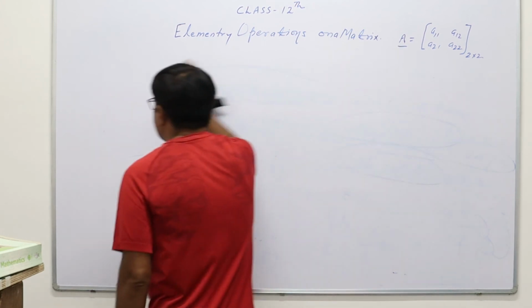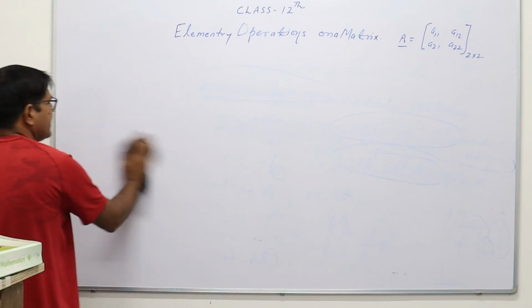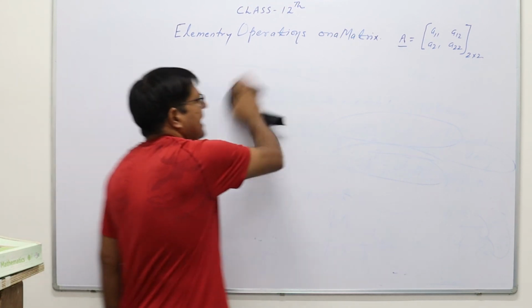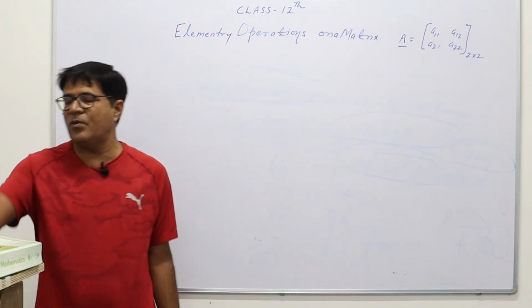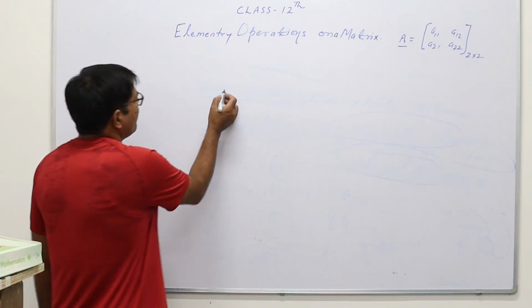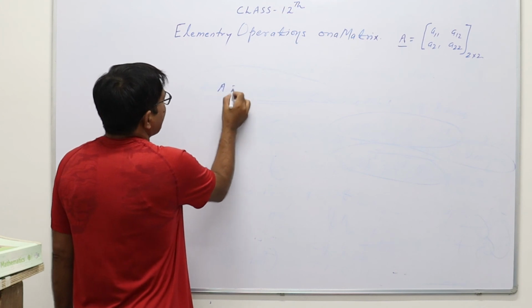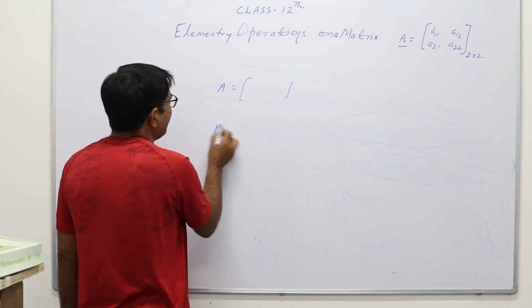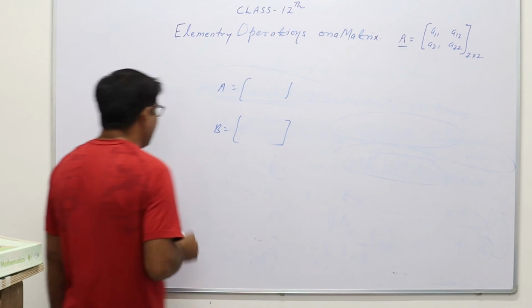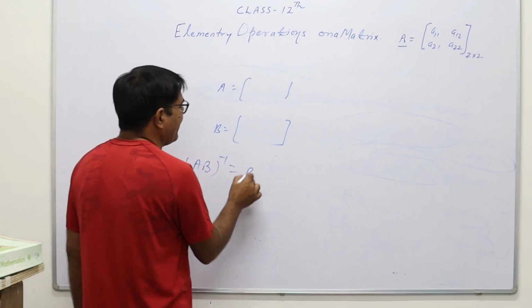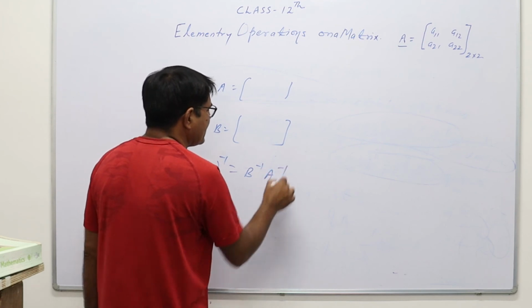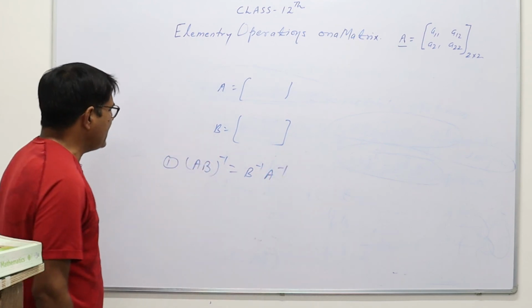Let us suppose matrices A and B are two matrices of the same order, and we have to prove that the inverse of AB is equal to B inverse into A inverse. Then what will we do?